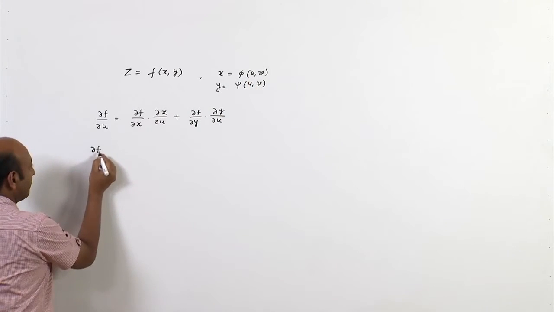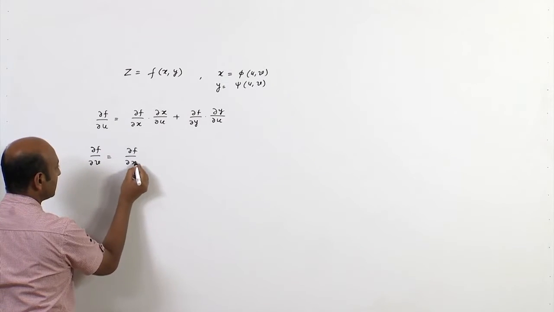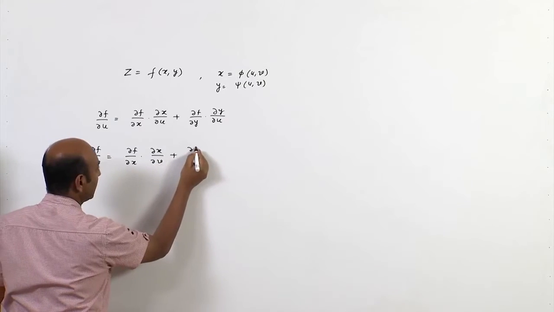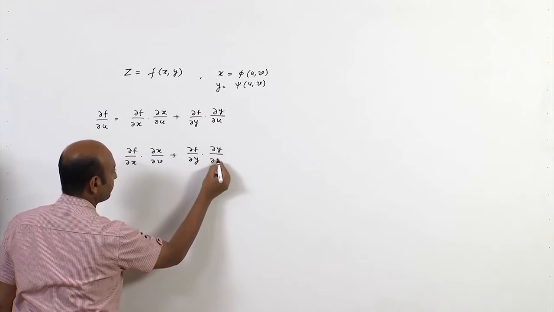Similarly, del f by del v will be del f by del x into del x by del v plus del f by del y into del y by del v.